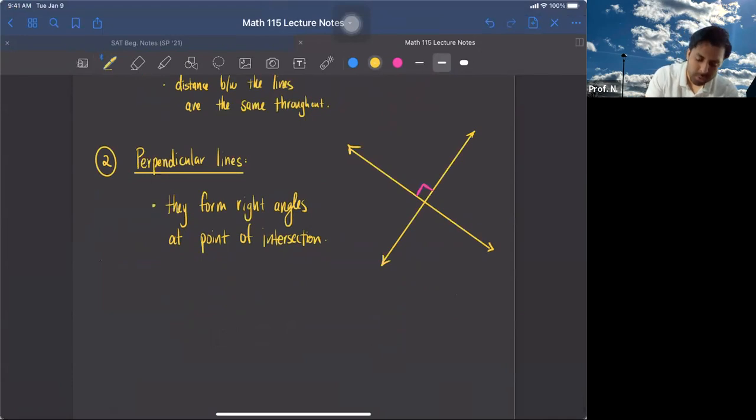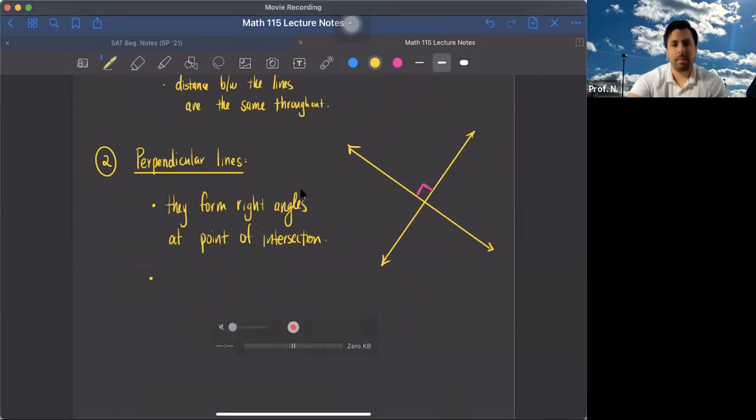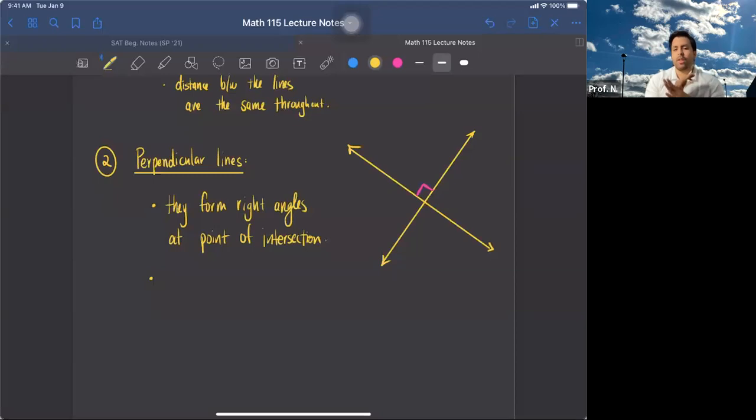What else do you know about perpendicular lines? So not only do they form right angles, there's something about their slope. Does anybody remember? What about their slopes? They do have different slopes, but they're a very particular kind of different slopes. There's a certain relationship between slopes of perpendicular lines.